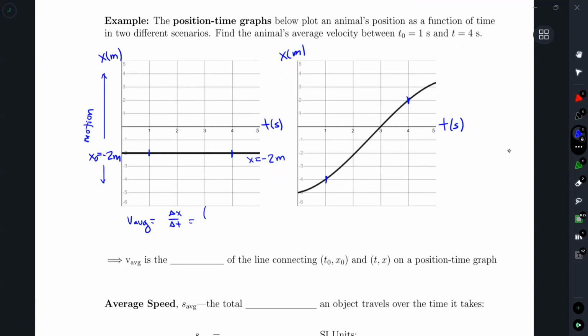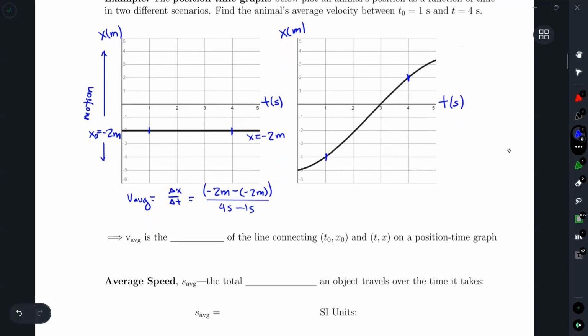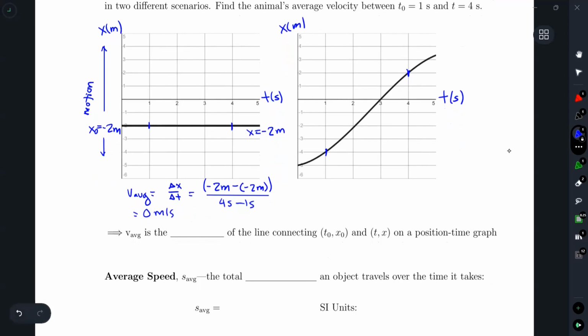And that's really the value of checking with these equations, that they tell us what we think they tell us. So final position was -2, initial position was -2, final time was 4 seconds, initial time was 1 second. And that's going to be 0 because -2 minus -2 is 0. And that's going to be true for any time interval.